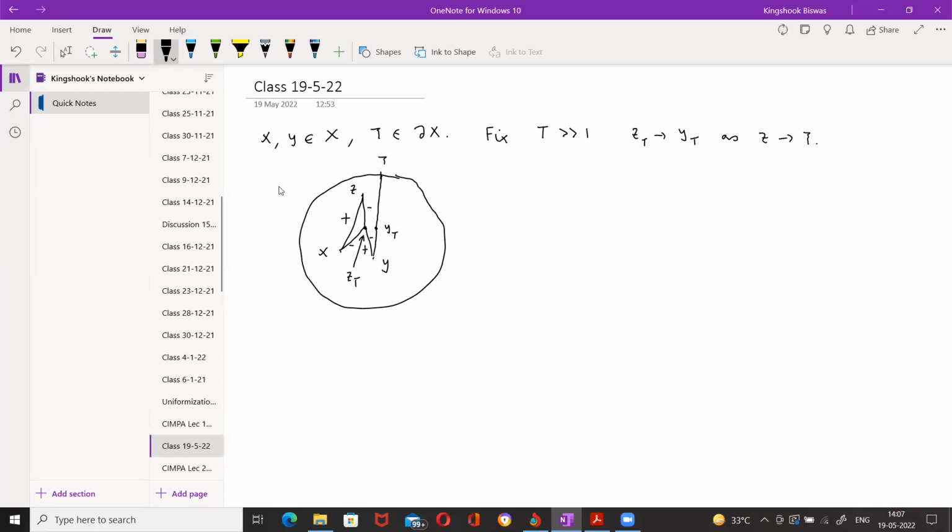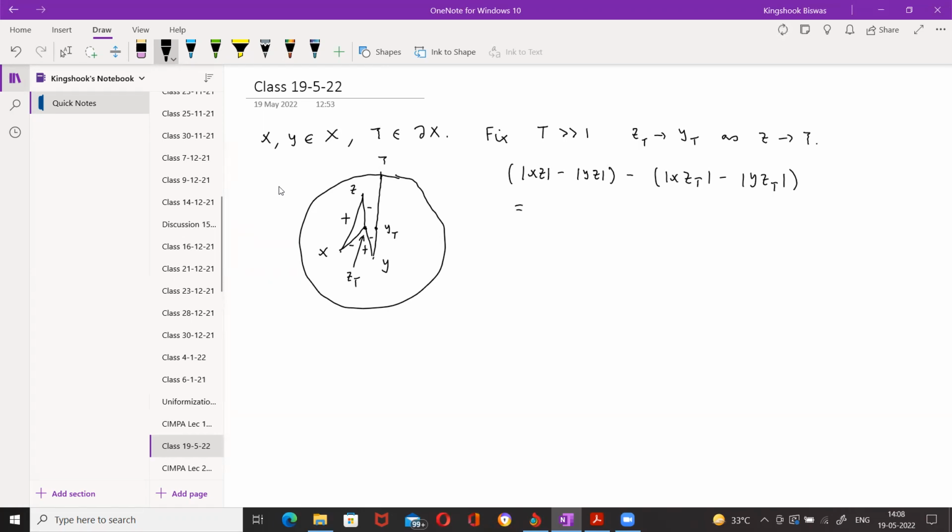So if I look at distance xz minus distance yz, this whole thing minus distance xz_t minus distance yz_t, then I'll get cancellations.